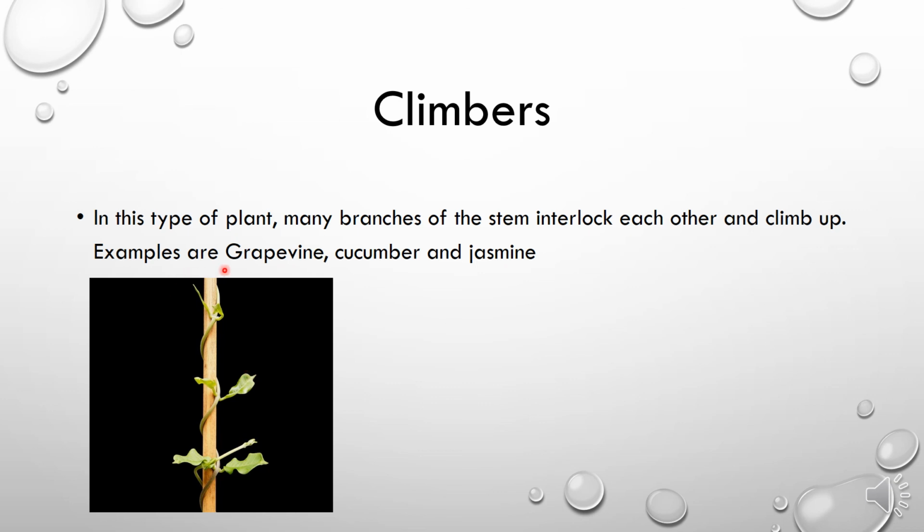In this type of plant, many branches of the stem interlock each other and climb up. Examples are grapevine, cucumber, and jasmine, etc. This type of climbing stem is very common in the grapevine. Grapevine in our houses is commonly present, and it has a weak stem which needs some support to grow upward.